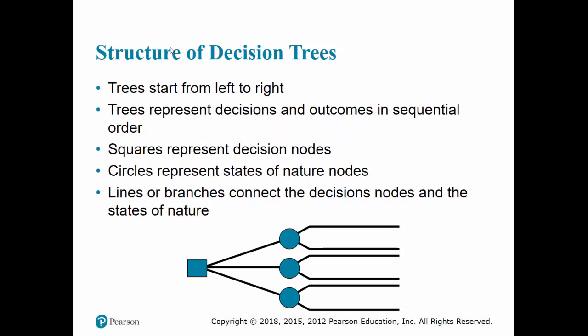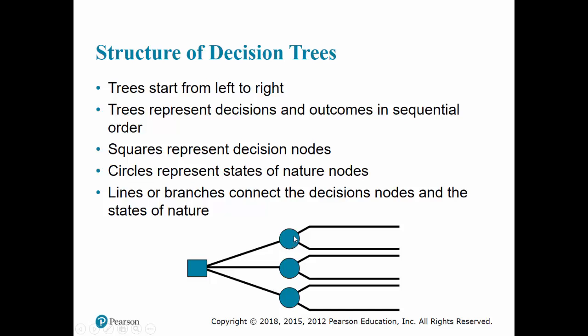notations that we need to be familiar with, because the tree starts from the left to the right. So this is your first decision. Okay, what are the possible alternatives? And each alternative will lead to a chance node. So a square node is the decision node, and the circle represents a chance node.